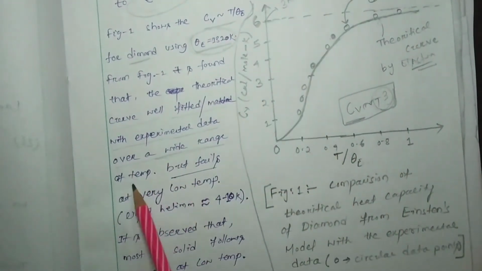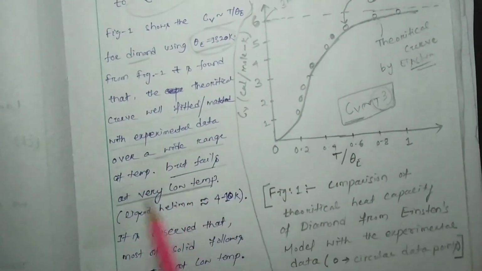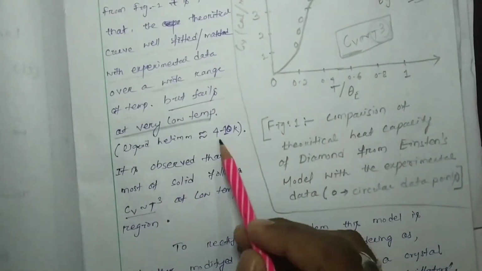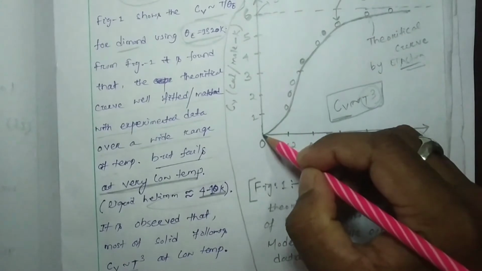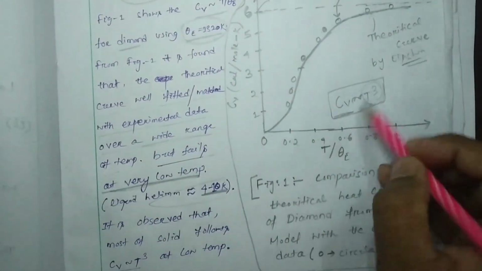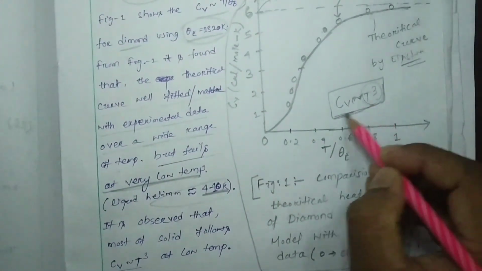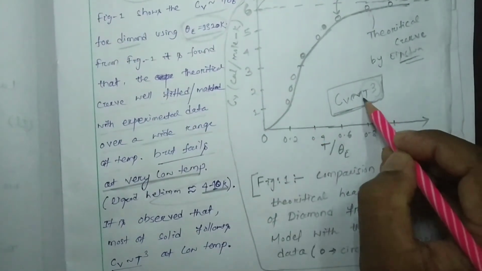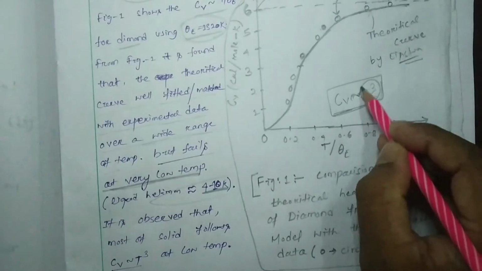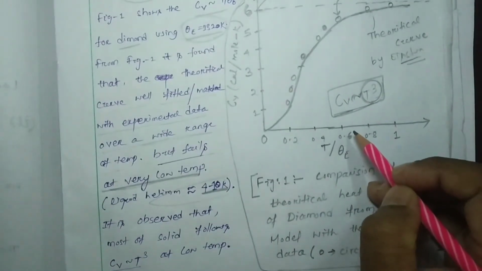That means around 4 to 10 degrees Kelvin it fails. Here at 4 to 10 Kelvin, the Cv is proportional to T cubed, not exponential.